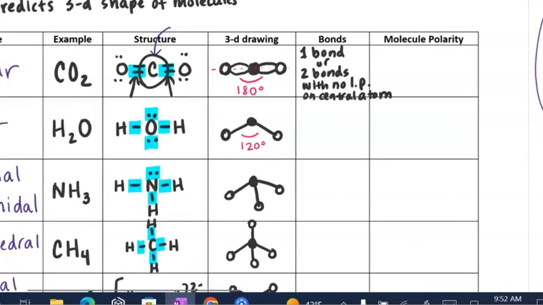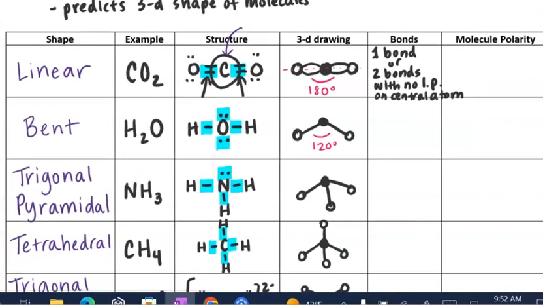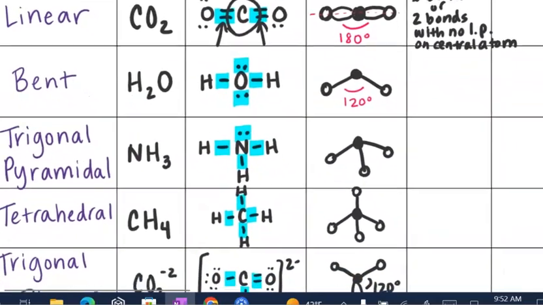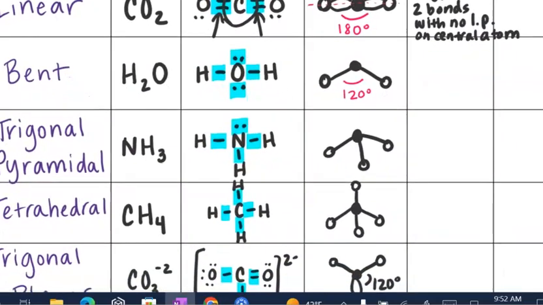All right, bent. Let's take a look at water here, bent. So how many bonds do we have? 1, 2. So 2 bonds, but how do I know it's bent instead of linear? There is a lone pair or more than 1 lone pair on the central atom.